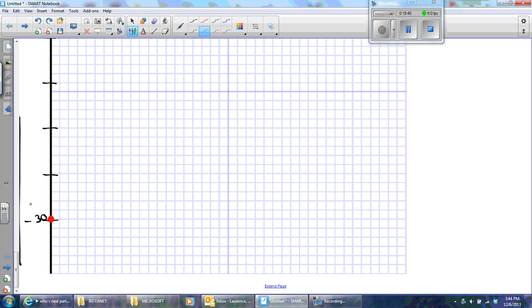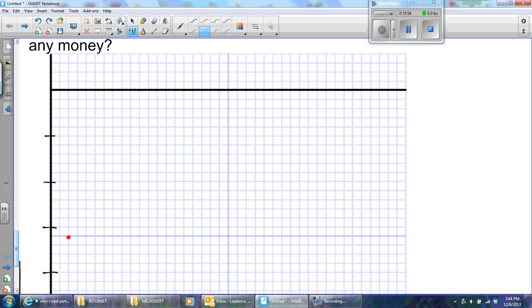Now my slope is 7. So I'm going to go up 7 and then right 1. I'm going to go up 1, 2, 3, and then 1, 2, 3, 4, and then right 1. Okay. And I'm going to go up 7. So it's 1, 6, 7, and right 1. I'm going to go 1, 2, 3, 4, 1, 2, 3, and right 1.